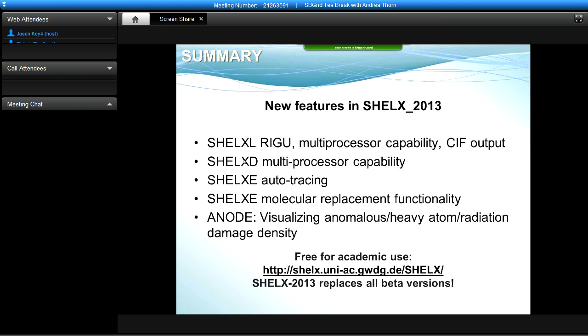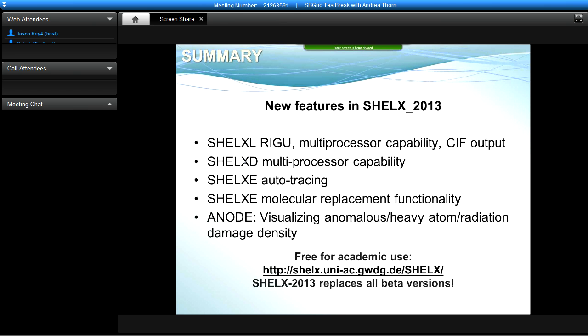To sum it up, new features in SHELX-2013. So there's a lot, but the most important in my opinion are SHELXL RIGU, multiprocessor capability, and CIF output. In SHELXD, the multiprocessor capability, which allows now for a lot more tries to search for the substructure.